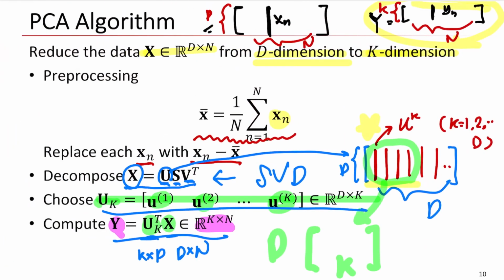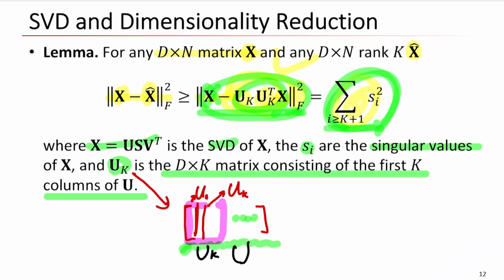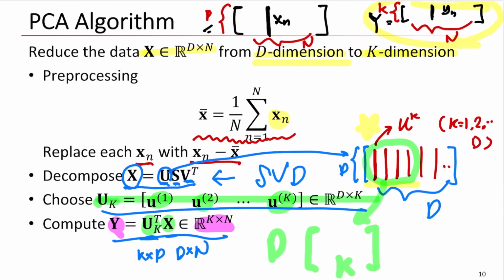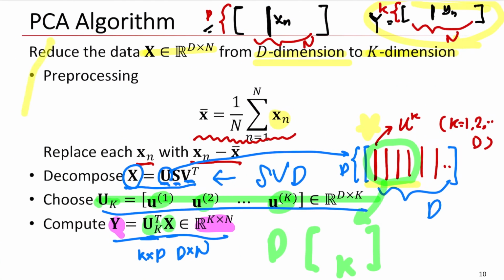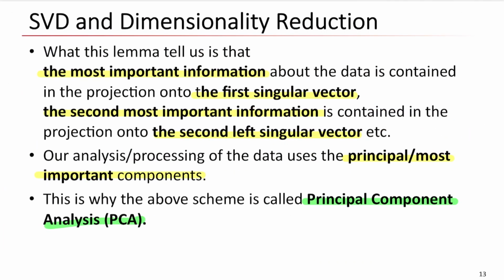Actually, this proof is really hard to follow and understand. So I suggest you just understand what it means and remember what the PCA algorithm looks like, but behind it there are several mathematical properties that make PCA good for dimensionality reduction.